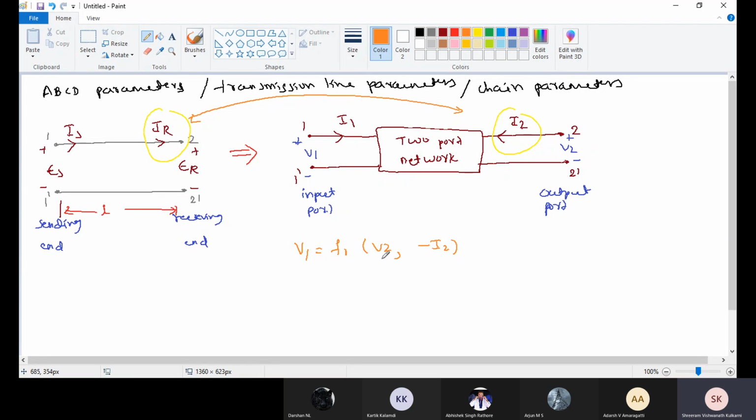So V2 and minus I2. Then coming to I1, a function of V2 and minus I2. These are two functions where the input V1 and I1 are dependent variables, and V2 and I2 are independent variables.